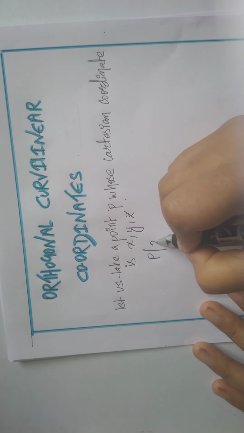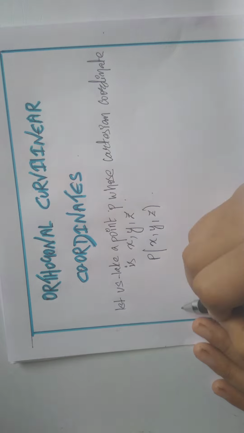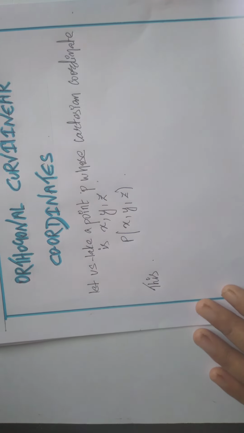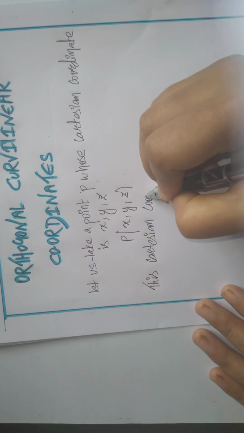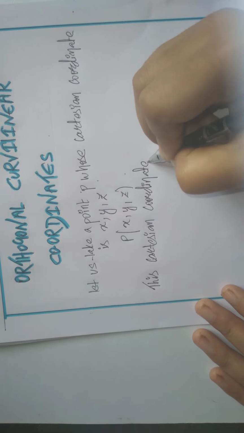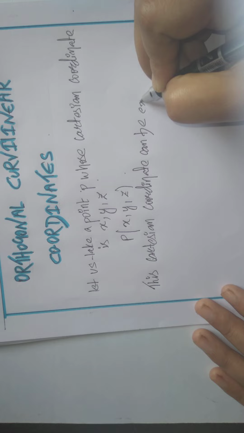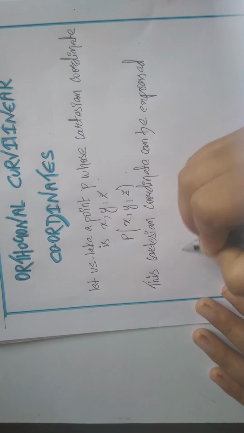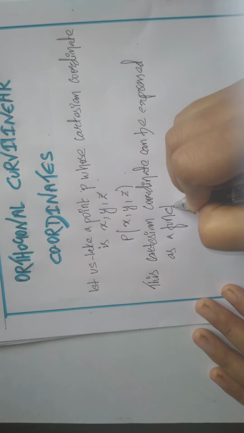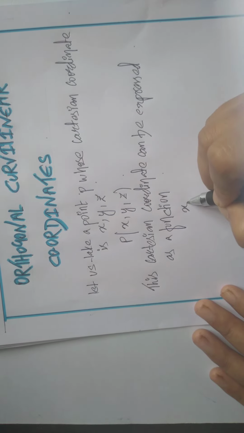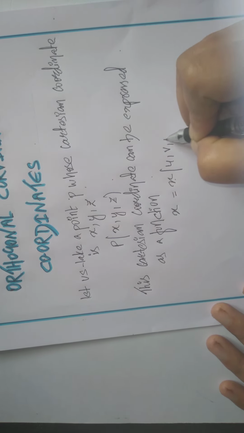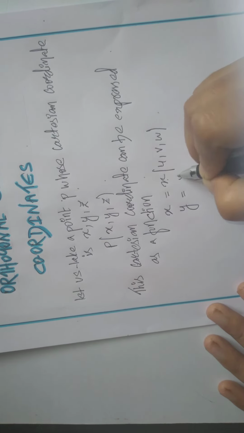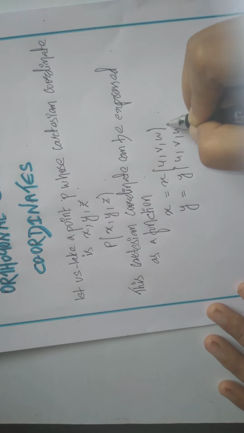These Cartesian coordinates can be expressed as functions of u, v, and w. So x is a function of u, v, and w, y is a function of u, v, and w, and z is also a function of u, v, and w.